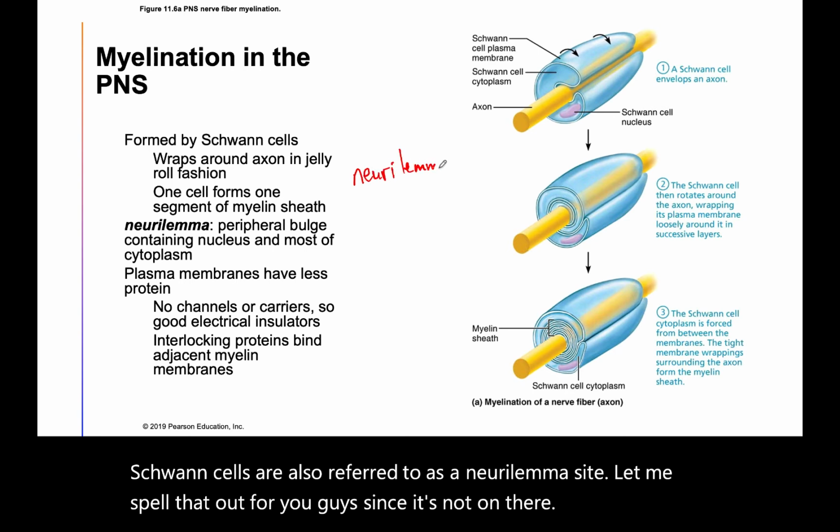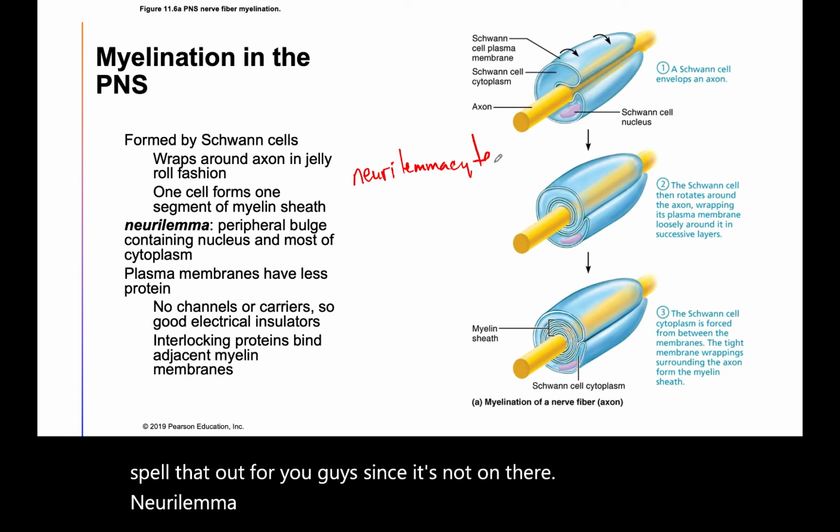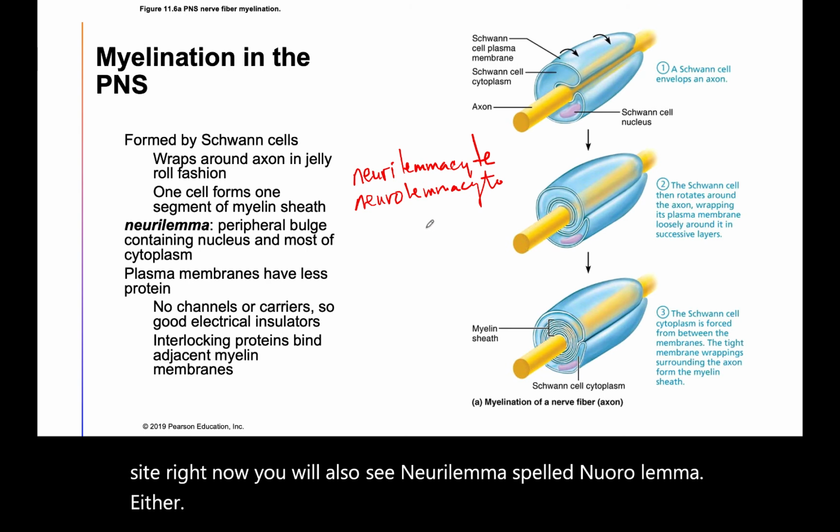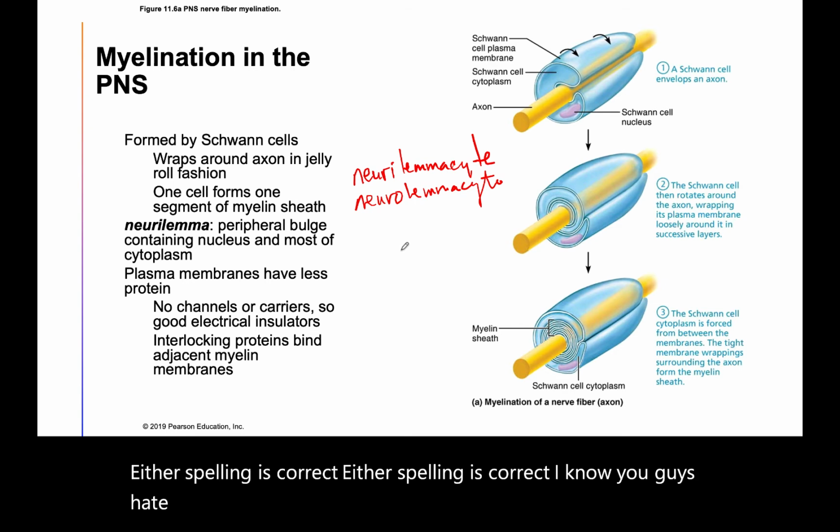Neurolemmacyte. All right, now you will also see neurolemma spelled neurilemma. Either spelling is correct. I know you guys hate that, but it's true.